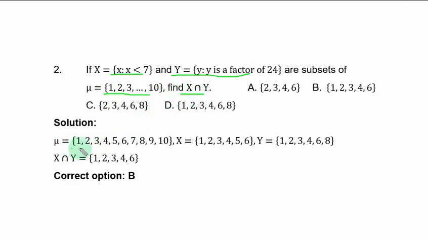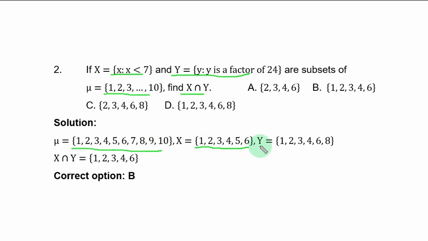You have the universal set with elements from 1 to 10. Now, set S is such that S is less than 7. That means we have elements from 1 to 6. Then set Y is such that Y is a factor of 24.